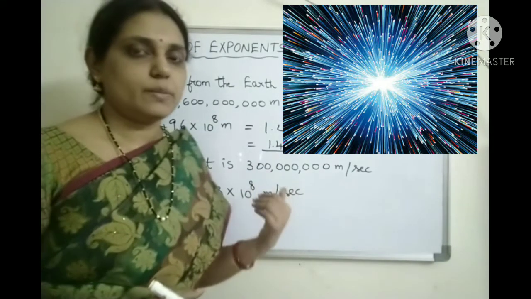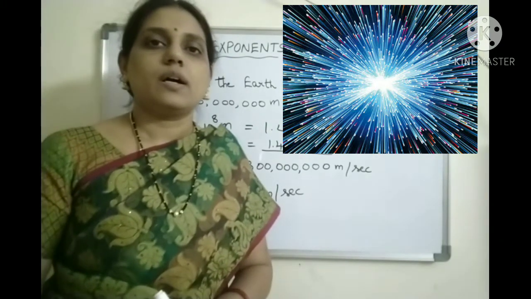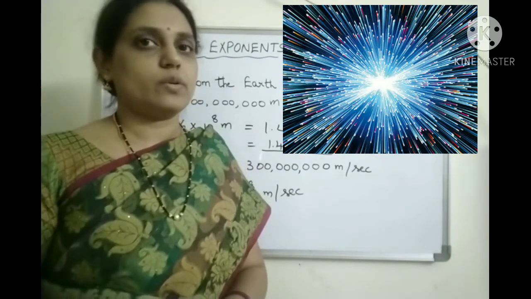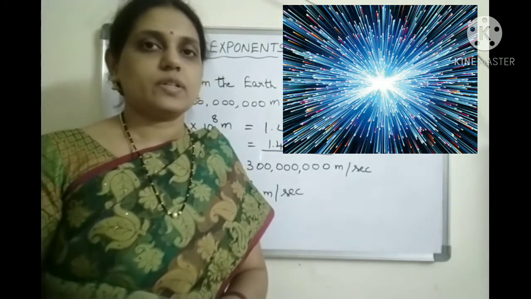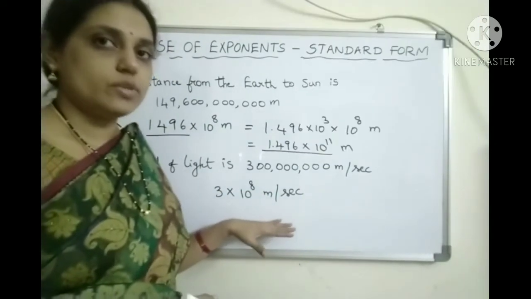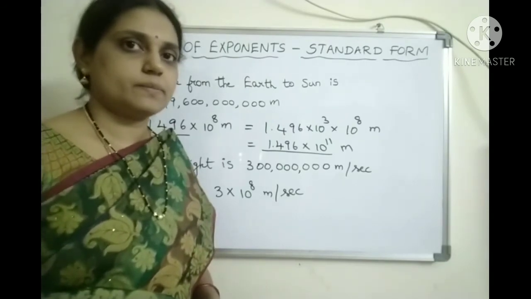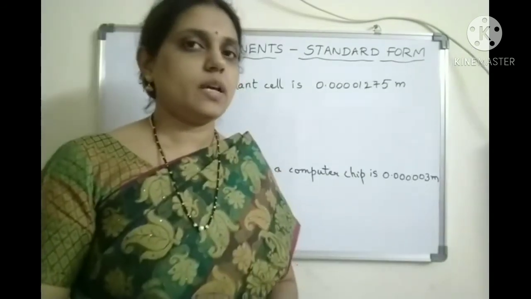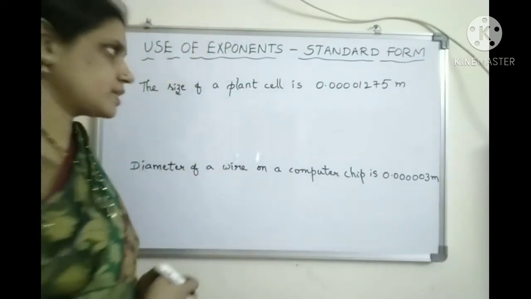And in the previous videos we have seen why we have to use exponents and why we always write scientific facts in standard form. So this standard form is used to write all the scientific facts. Now let us see how to express very small numbers in standard form using exponents.